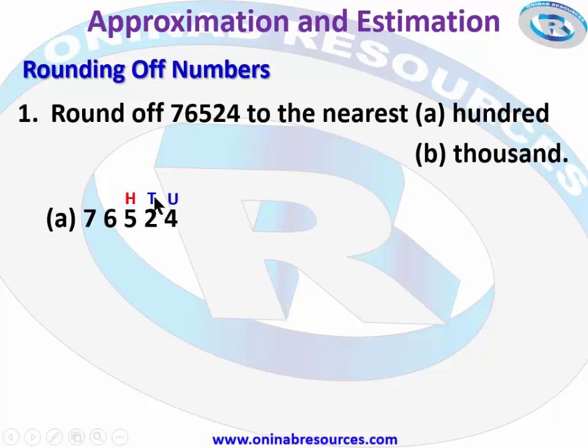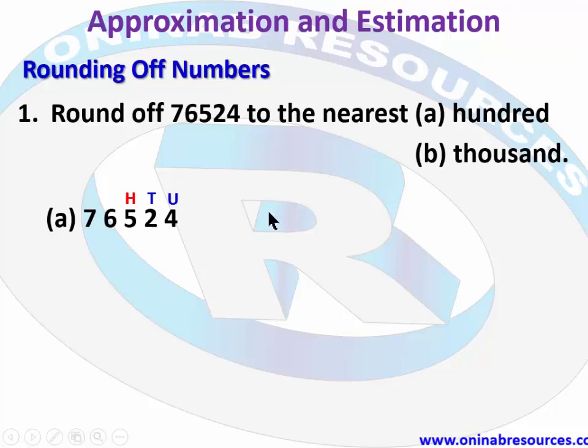So we then check the digit after it, that is after 100. The digit is the tens digit, and the tens digit is in the range of the numbers to be rounded down. So to round it down has no effect on the 100 digit.